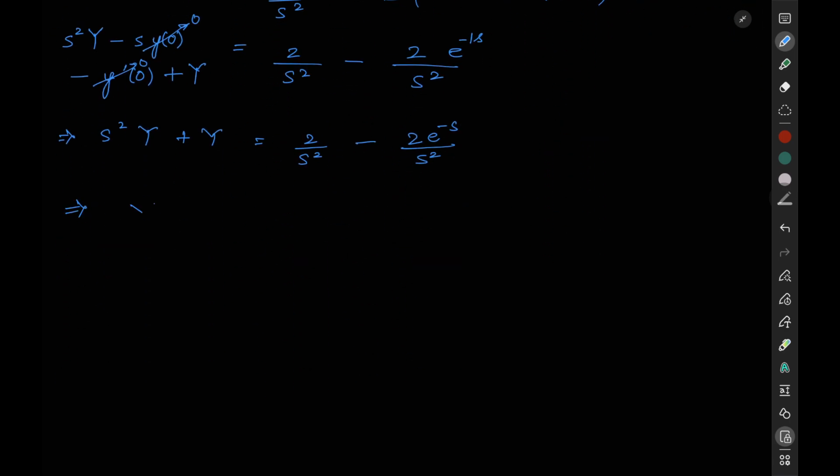This becomes Y times s square plus 1 equals 2 upon s square minus 2 upon s square into e to the power minus s.